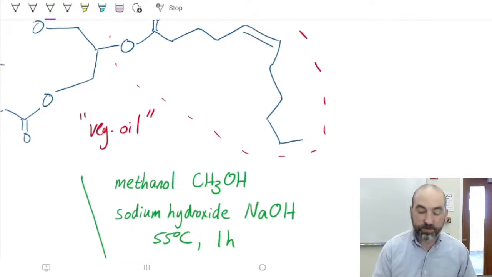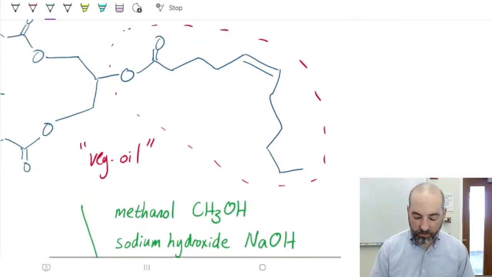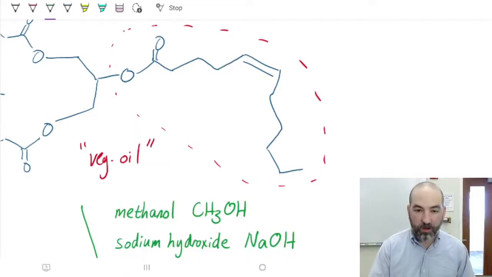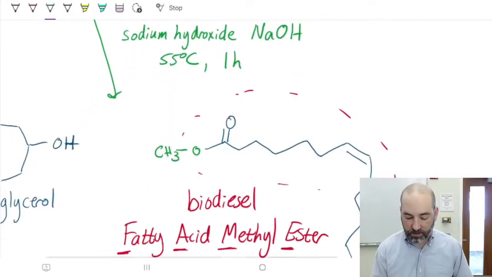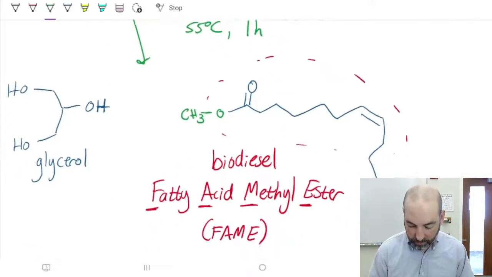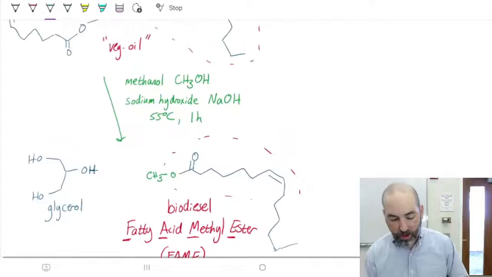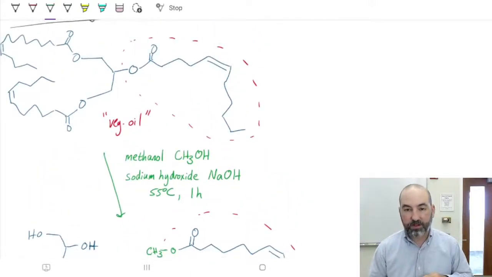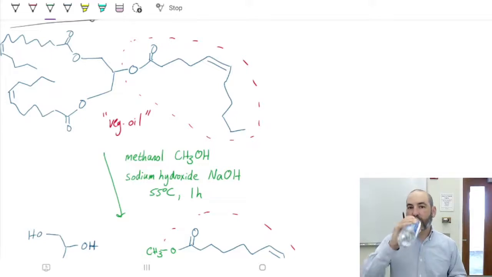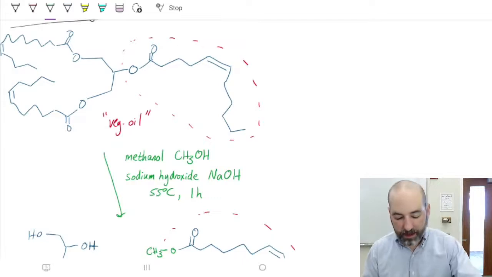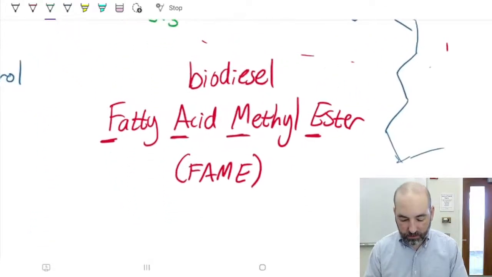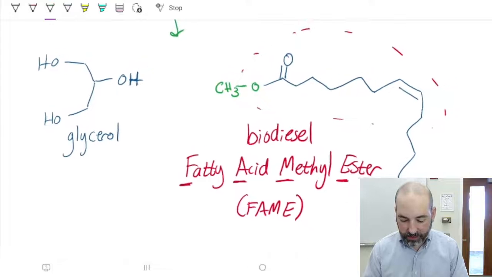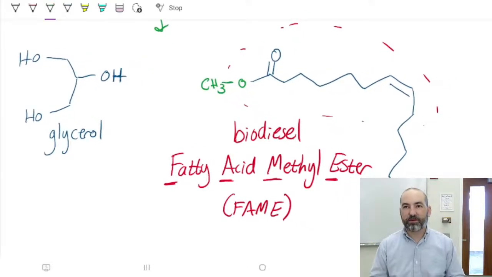The sodium hydroxide is facilitating this transfer of the connection here off of the glycerol and onto this CH3, which is known as a methyl group, which comes from that methanol. We're not going to go through the exact process of how that works, but basically the sodium hydroxide helps break this up, and then it's stabilized by the methanol. So, not stabilized exactly, but I don't know what the right word is there.